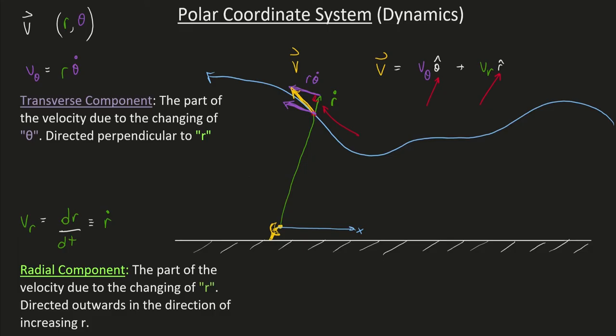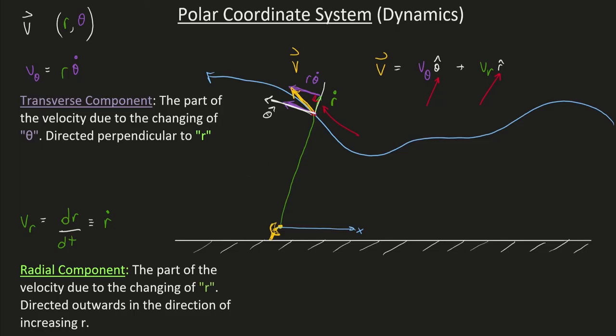Same thing here. What I have is the theta direction, that transverse direction, and that will be in the direction of increasing theta. So my theta is increasing because we're based off that x-axis. So here's a small theta, here's a bigger theta. This is the direction of increasing angle, so therefore this is my transverse axis, you might say.